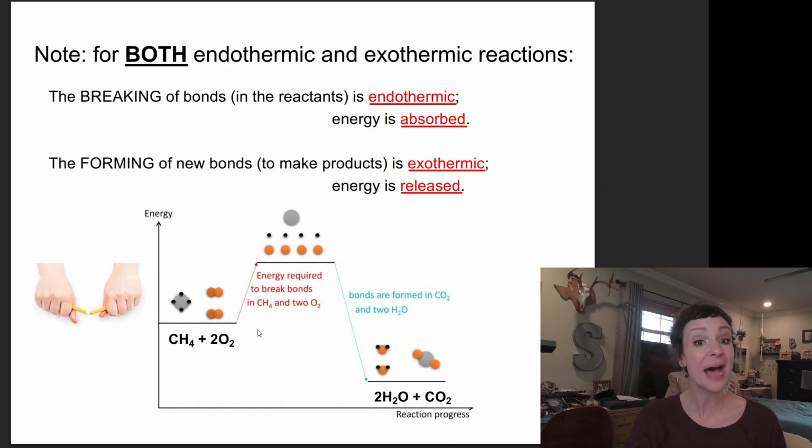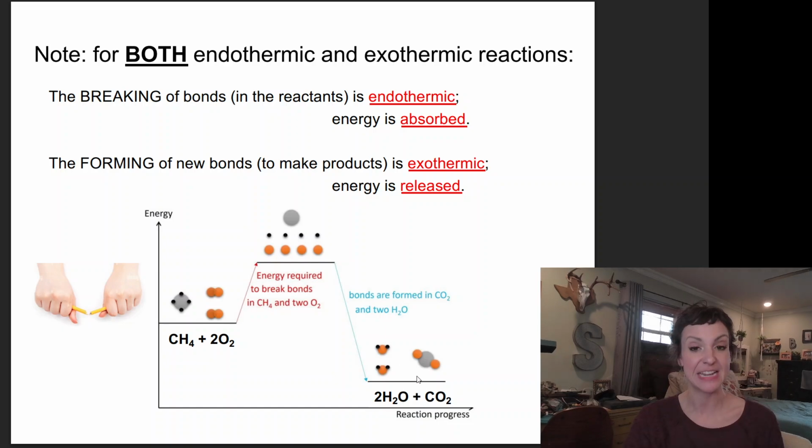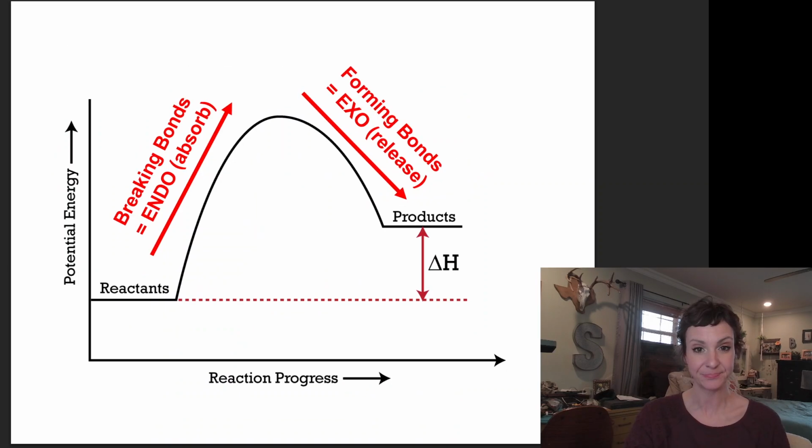So the slopey slope up means breaking the bonds to get to that activated complex, where all of the atoms are like, we are ready now to do our magic, and then bonds are snapping together and forming, and that part is the exothermic part of the reaction. So once again, I don't care what type of reaction you are. First of all, what type of reaction? An endothermic or exothermic? Is it an exciting slide or the boring slide?